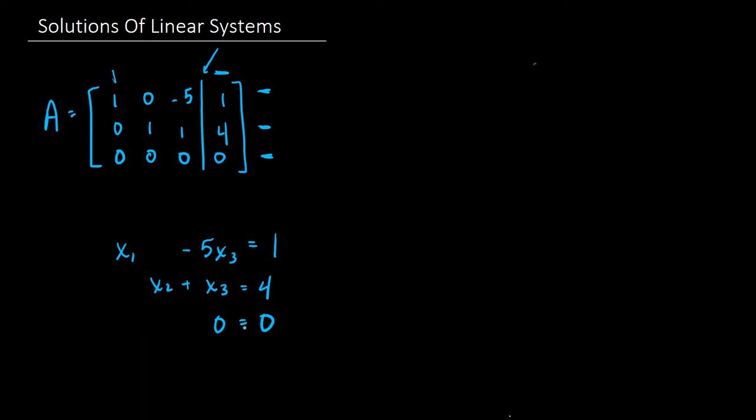Now in this video I want to touch on the two ways to classify variables in linear algebra. The first type of variable is called a basic variable. A basic variable is a variable that shows up in one equation in our system.